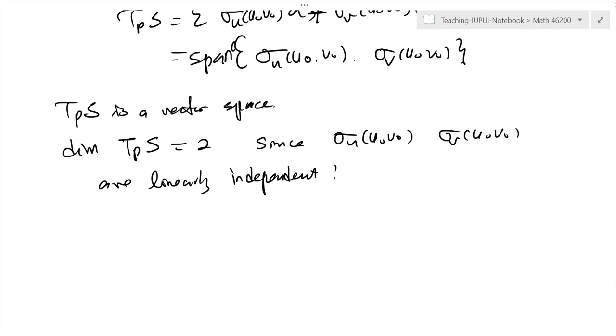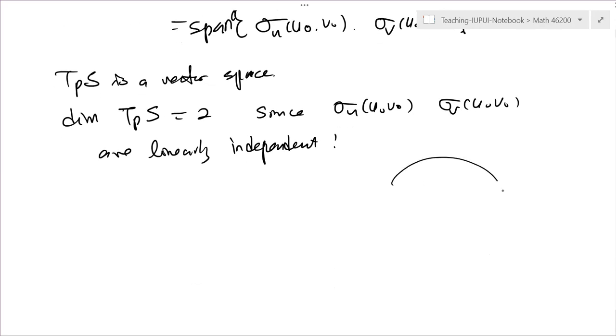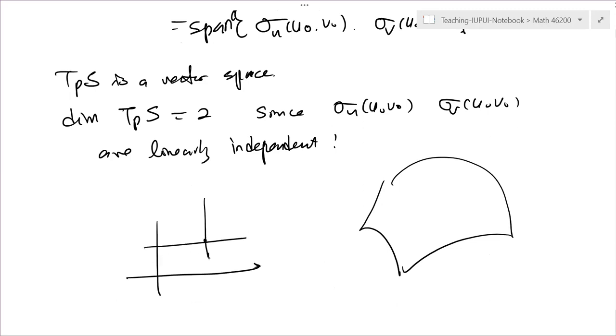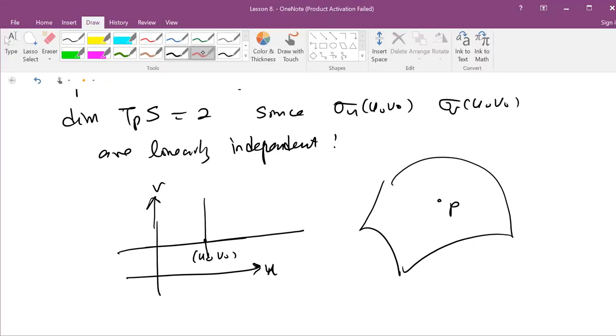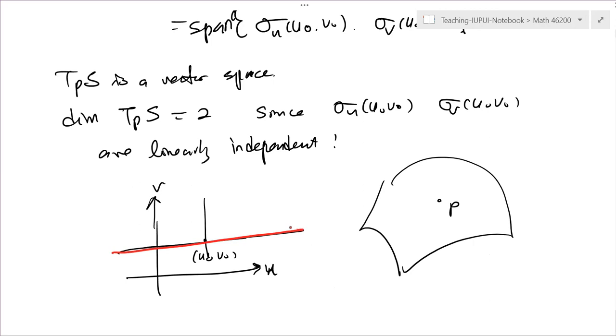All right, so let's go back to the picture again. I'm going to show you the picture again. This is a point, and this is point P. So this horizontal line, being colored, I use the red color, will be here like that. Okay, it's curved.